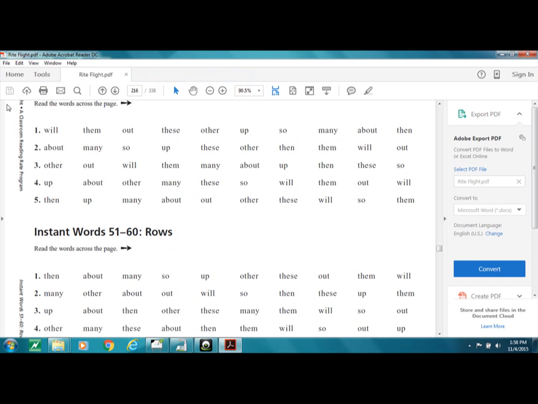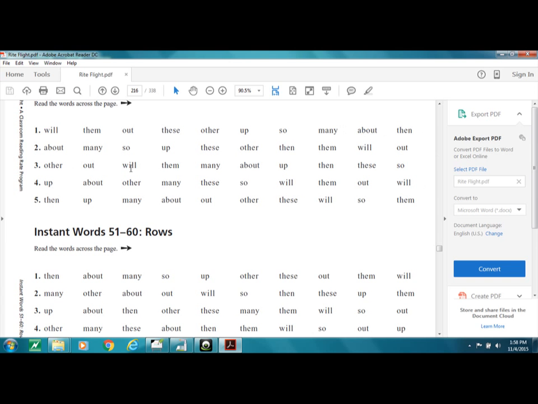So here we go. Will, them, out, these, other, up, so, many, about, then. Let's read row 3.